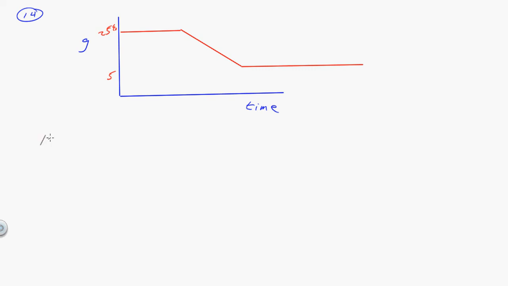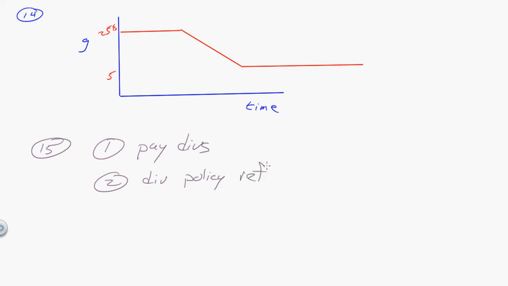Okay, number 15. What must be true for you to be able to use the dividend discount model? DDM is the dividend discount model. 1, it has to pay dividends, obviously. 2, the dividend policy has to reflect the profitability of the firm.